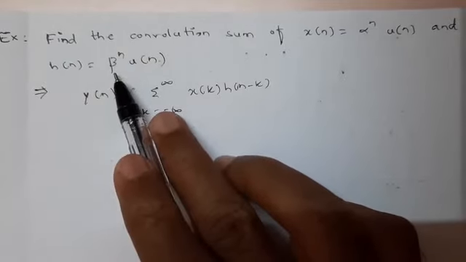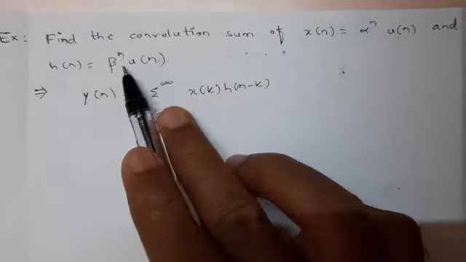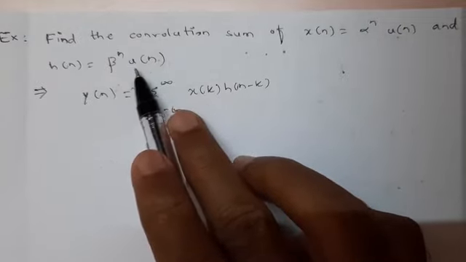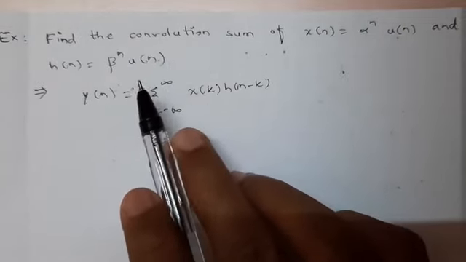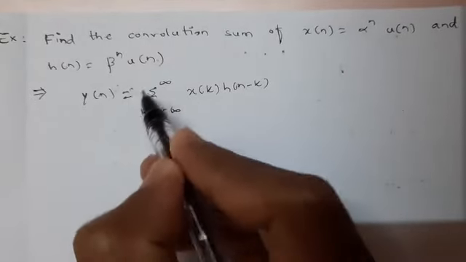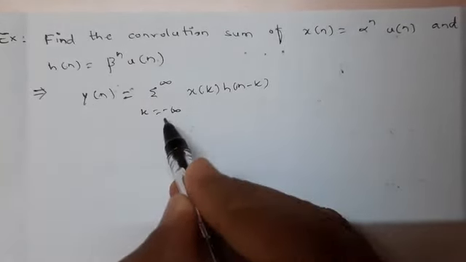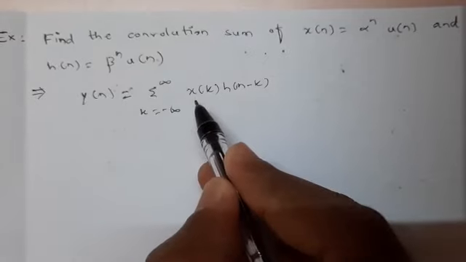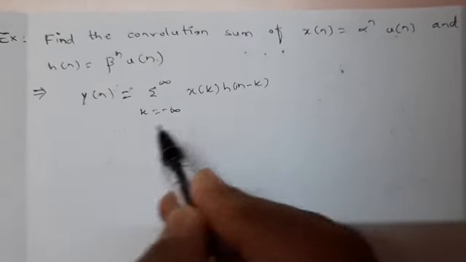If this alpha to the power n or beta to the power n is missing, then it is simply an infinite series signal. Now, according to our convolution sum equation, y of n is summation k equal to minus infinity to plus infinity x of k h of n minus k.